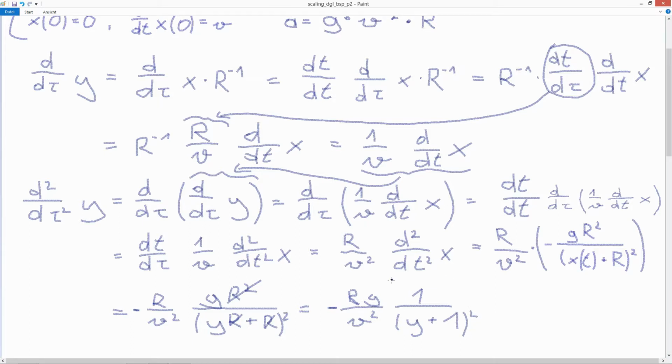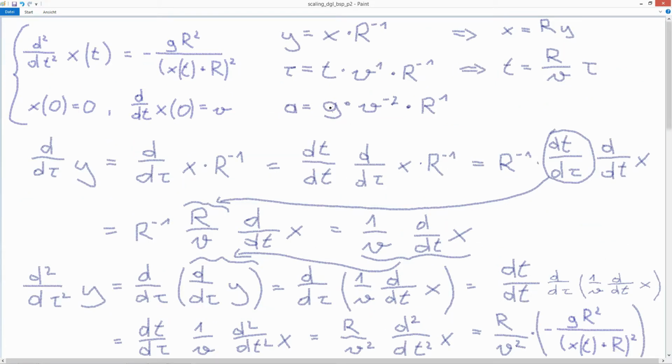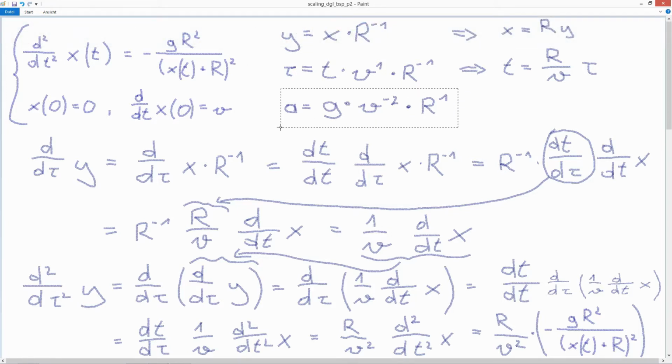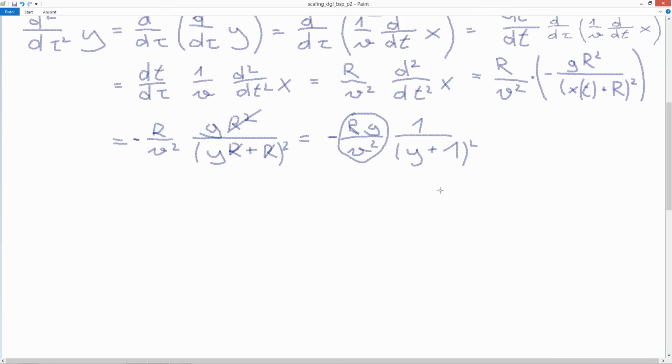And now let's take a look at this factor here. We already know what this here is, because this here is a. So let's bring it down here.